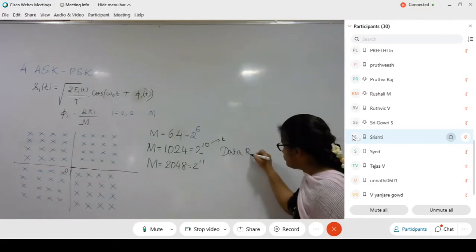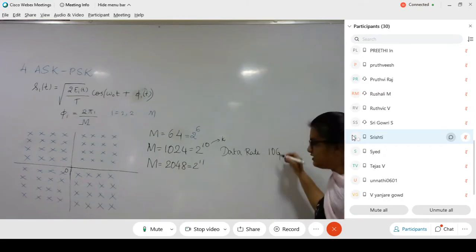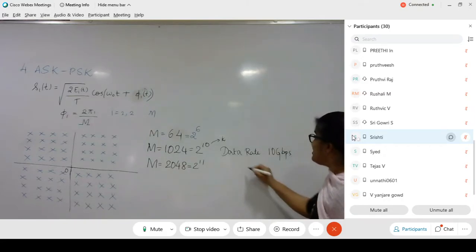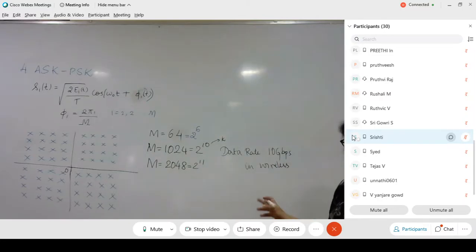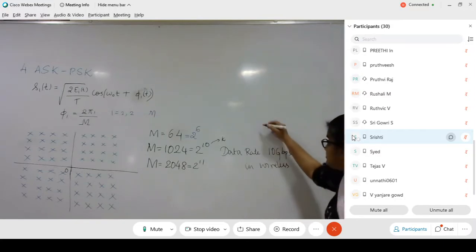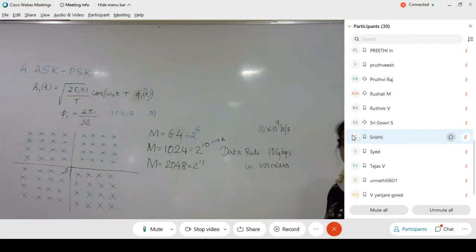Currently we are talking about gigabit transmission, around 10 Gbps in the wireless domain. What is 10 Gbps? 10 into 10 raised to 9 bits per second. That is our expected data rate with respect to internet and broadband connections.